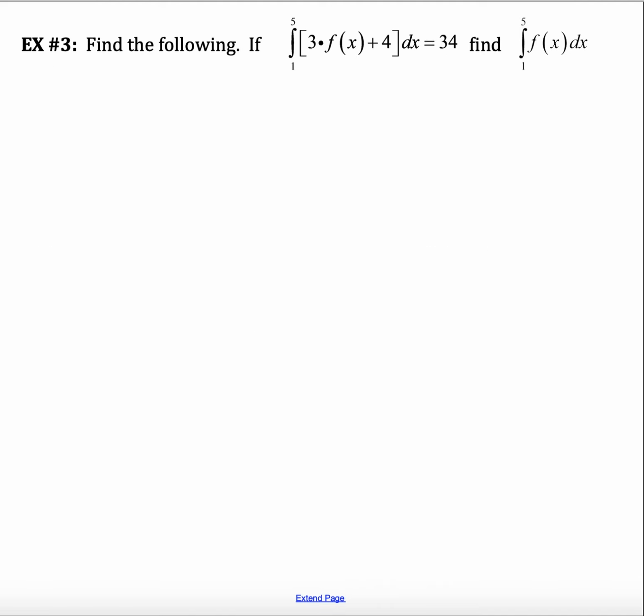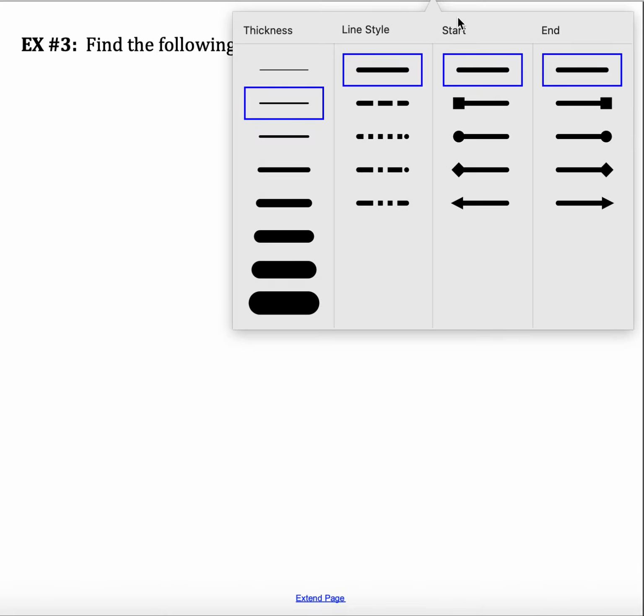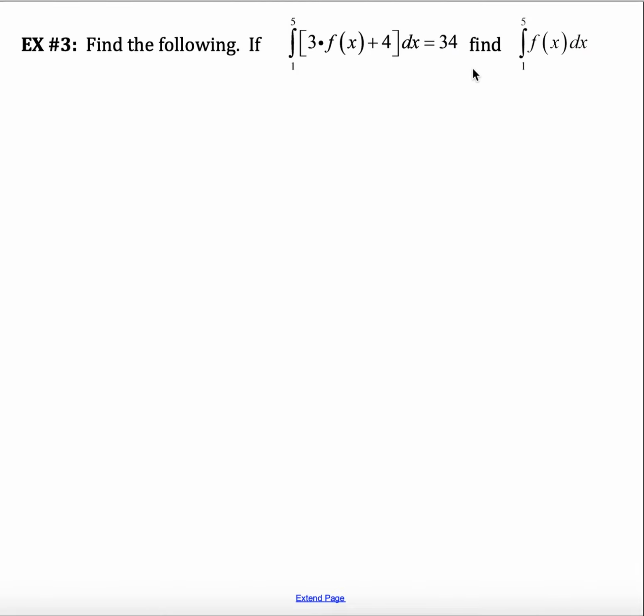All right, let's look at example 3. This one has a little more arithmetic involved, but again, they're asking you to find the integral of f of x dx from 1 to 5. We see it's embedded in there, but we have to use our properties to break it up and expand this problem. I already see that we have a 3 here, so that would be a factor we could take out.